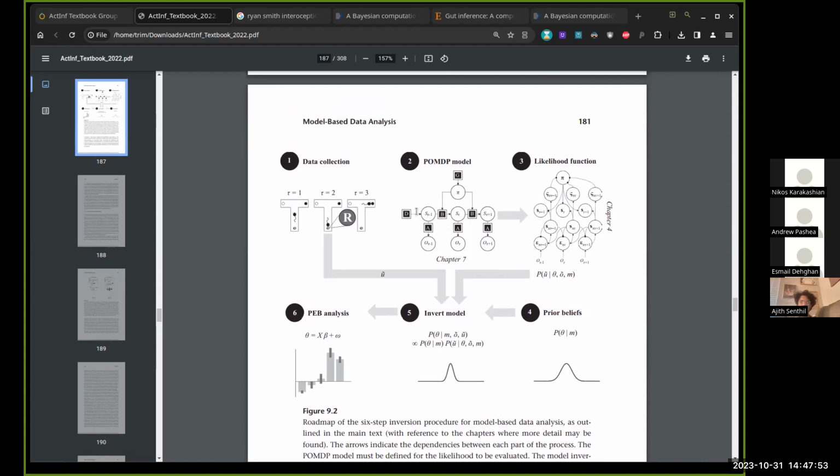Which is one reason I believe such a common kind of paper today is: we built a generative model, we synthesized some data, we simulated data. Because going from the data back to the model is actually not so easy today for a full active inference model.